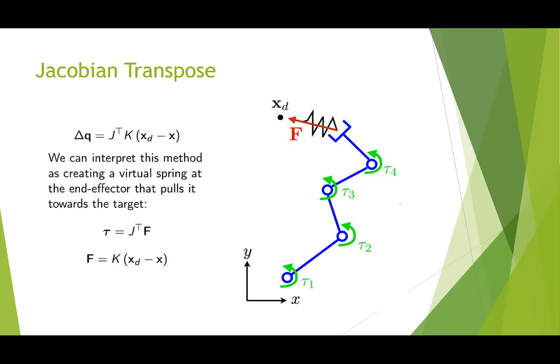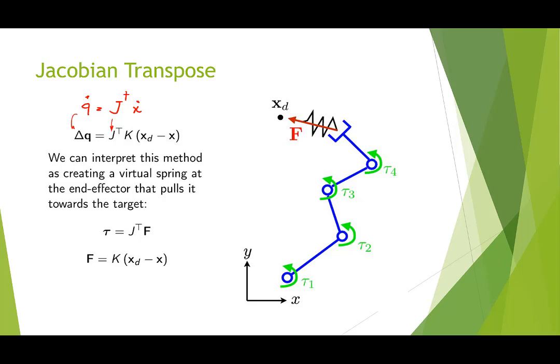We have used this equation before. You remember when we talked about singularities, I said once that we can use the Jacobian transpose to avoid singularities. The inverse kinematic equation that we calculated was given by some equation like this when we use the pseudo-inverse of the Jacobian. We said you can replace the pseudo-inverse by the Jacobian transpose and it will help.